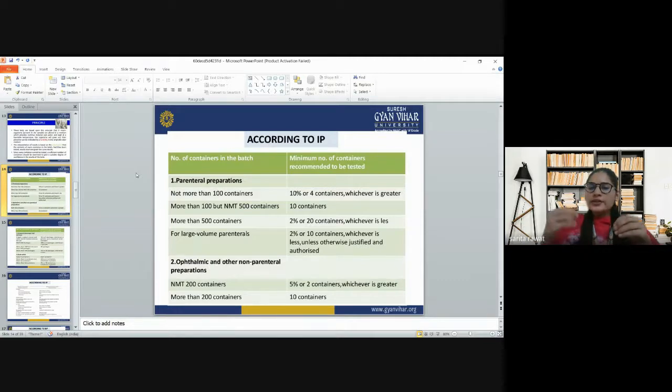Now, for larger volume parenterals, we have to take 2% or 10 containers, whichever is less, unless otherwise justified and authorized. Now, coming to the next point, ophthalmic and non-parenteral preparations. How do we test their sterility?